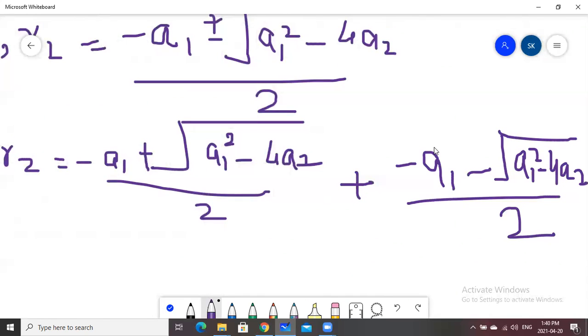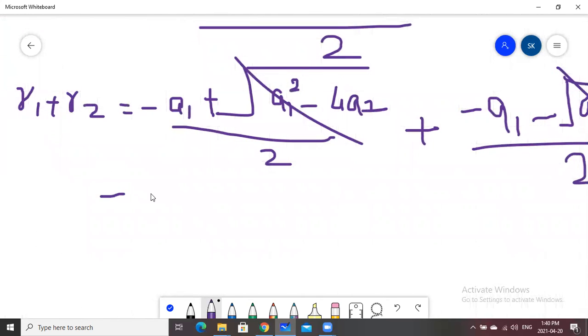Now we can see that one thing can be done over here: this is plus square root of a1 square minus 4a2, and this is minus the same square root. What is left over here is minus a1 upon 2, and minus a1 upon 2.